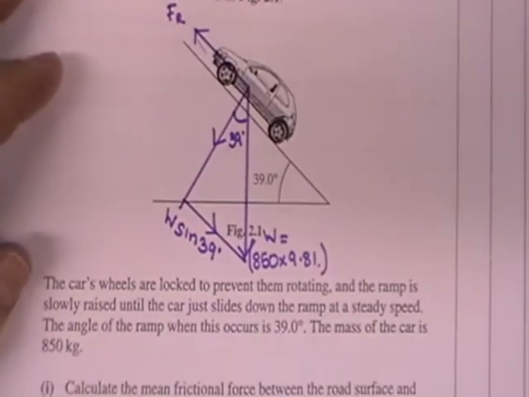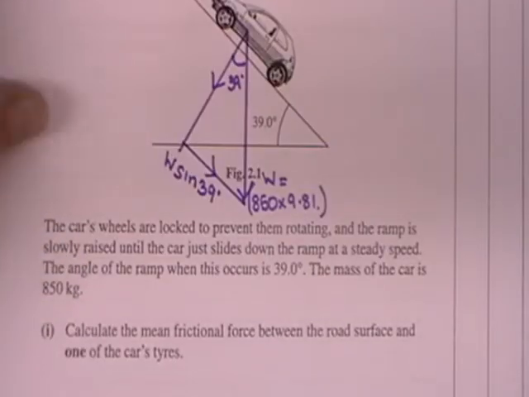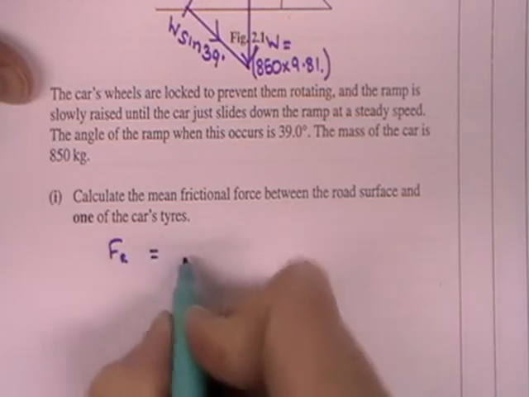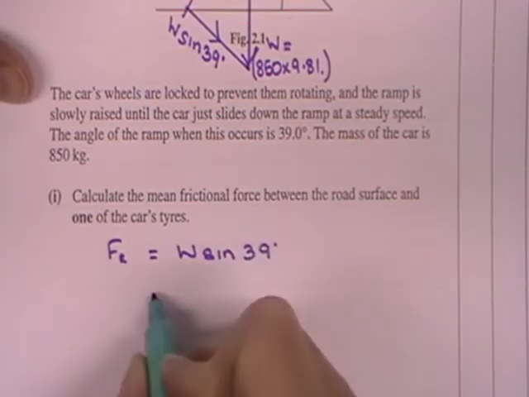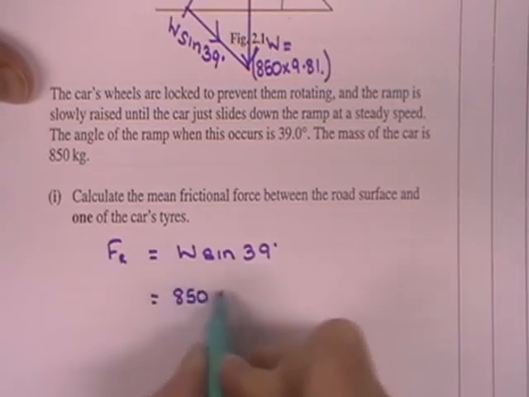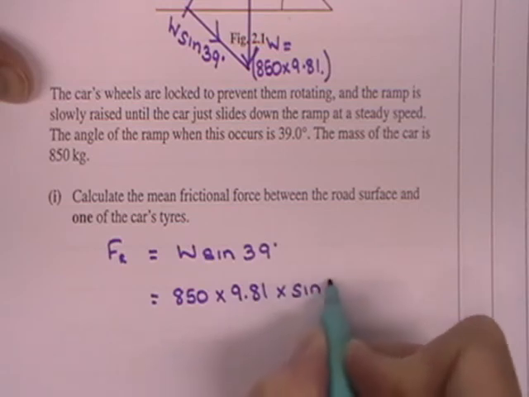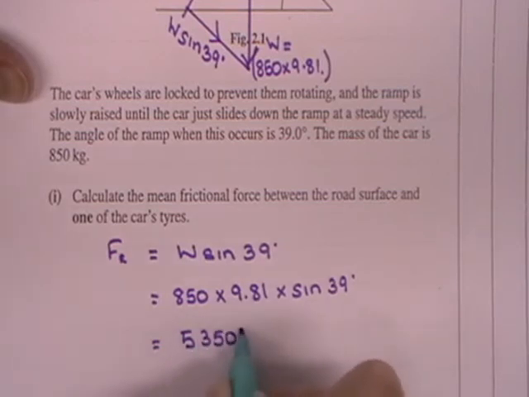So the frictional force, FR, is equal to W sine 39, and that's equal to 850 times 9.81 times the sine of 39. And that rounded up gives you 5350 newtons.